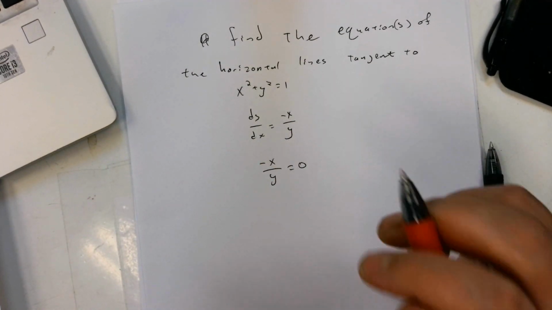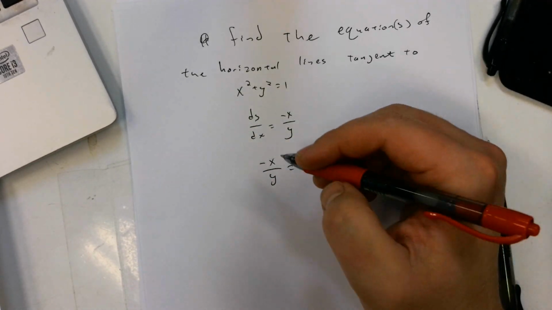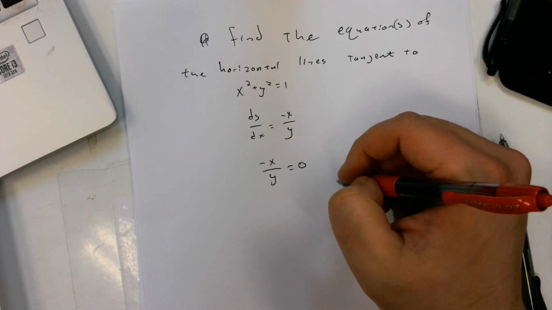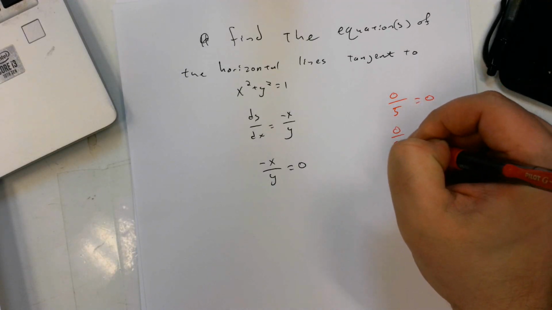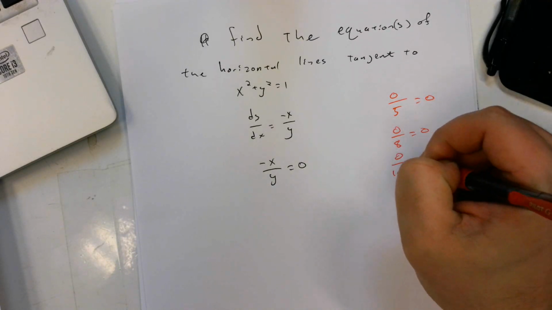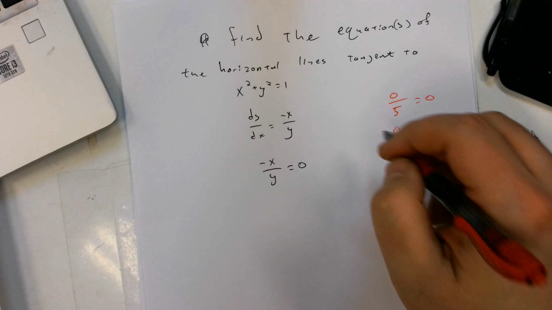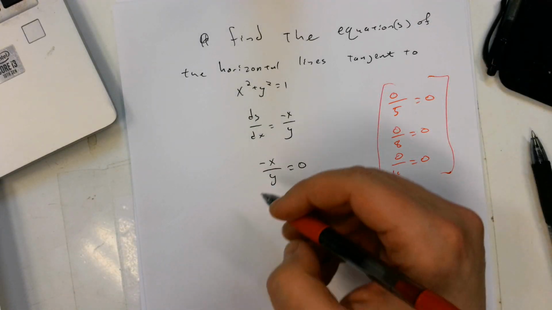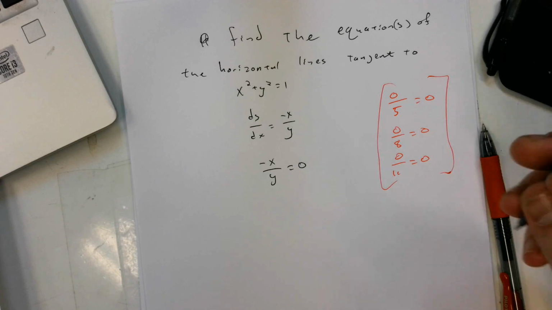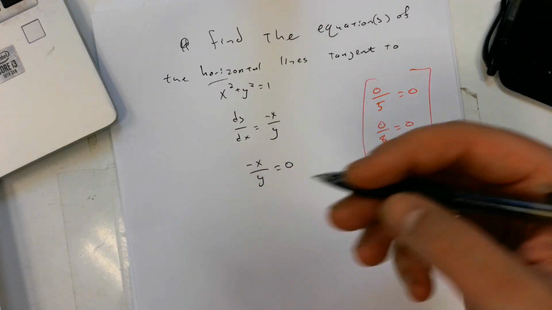Because if my numerator is equal to 0, like 0 divided by 5 is 0, 0 divided by 8 is 0, 0 divided by 11 is 0. Whenever the numerator of a fraction is 0, your whole fraction is 0. So that's why we look at our numerator to figure out the slope of the tangent line.